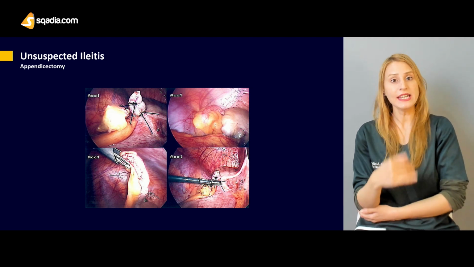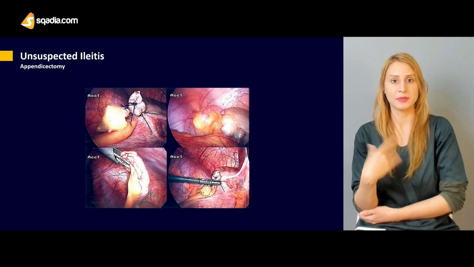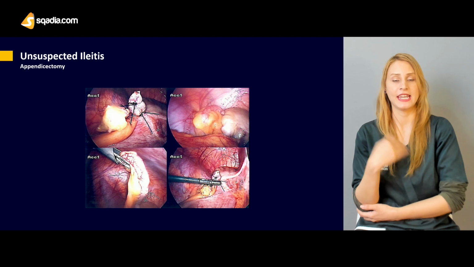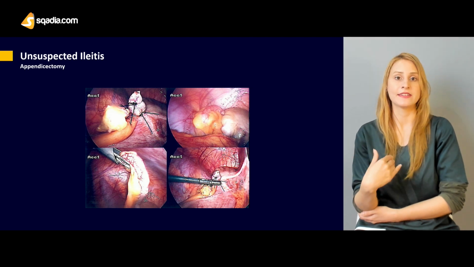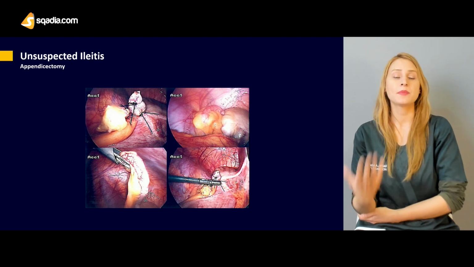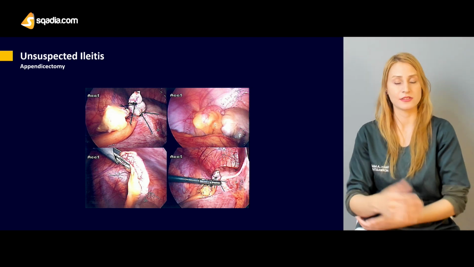But if there is acutely inflamed appendicitis, because sometimes, secondary to the ileal inflammation, there is a possibility that the appendix is also inflamed.